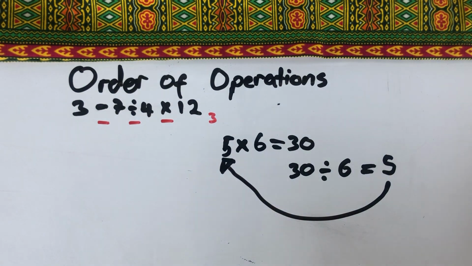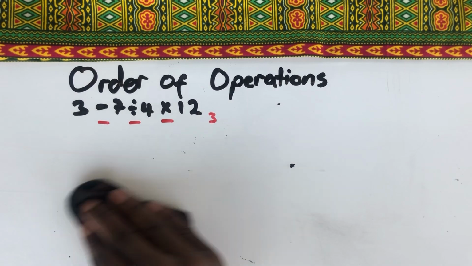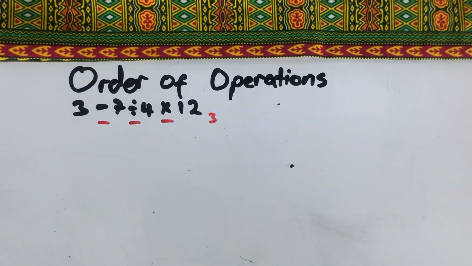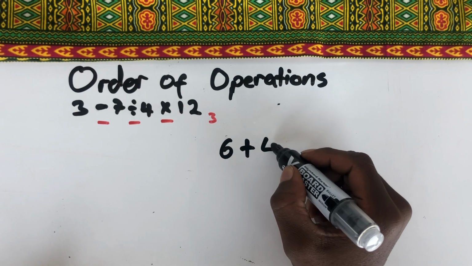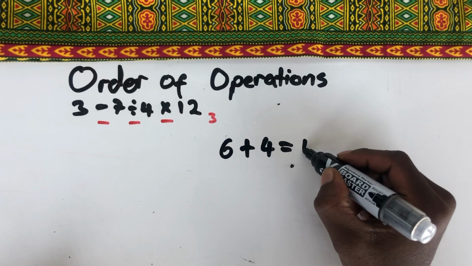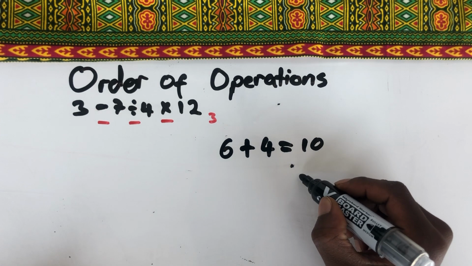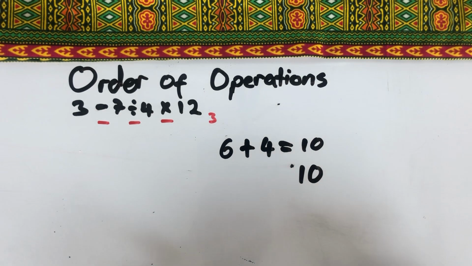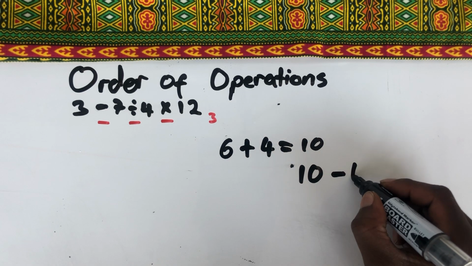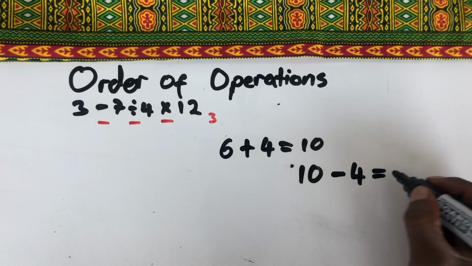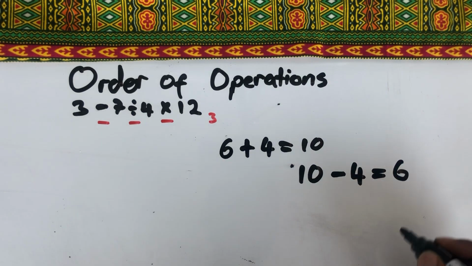Now quickly let's look at addition and subtraction as well. Let's say we have 6 plus 4, which gives us 10. If we take that 10 and do the opposite, 10 minus 4 gives us 6.